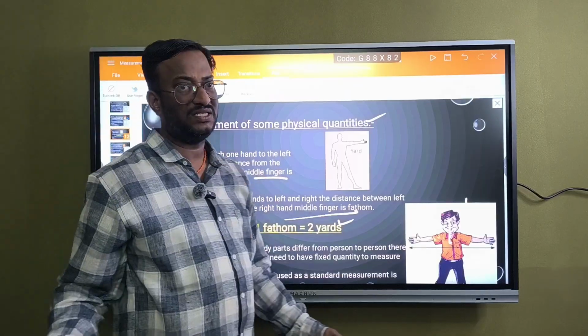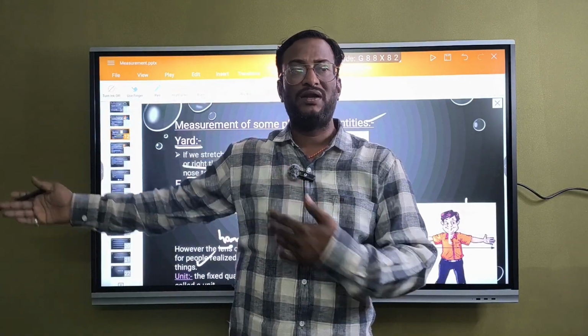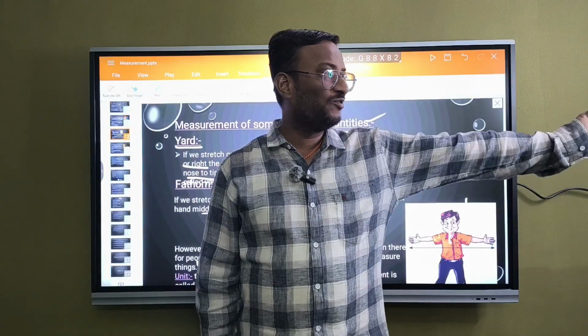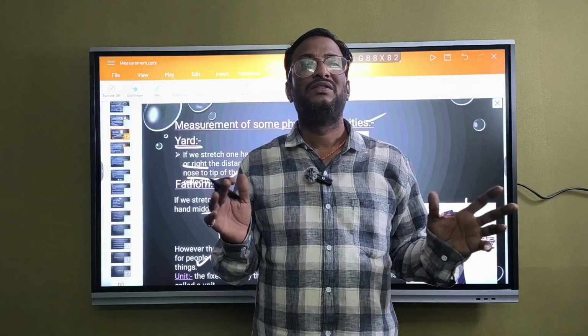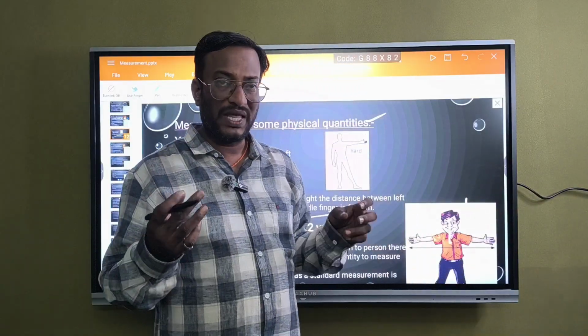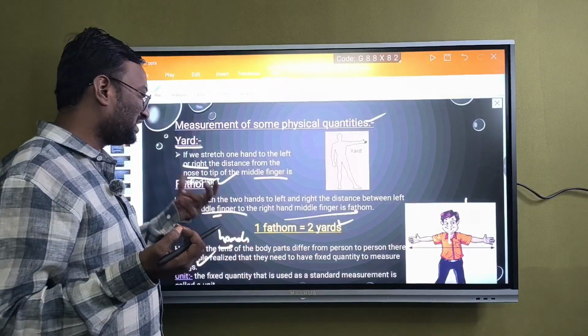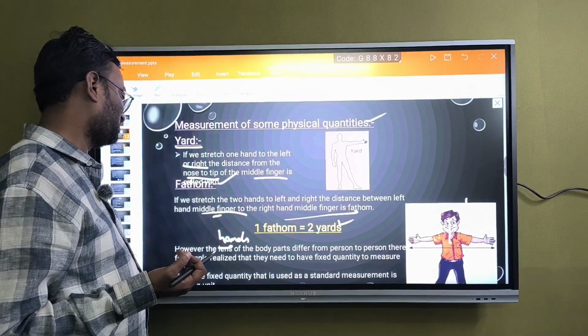If you measure like this, a small kid will have a very little hand stretch, and a huge, tall person will have a very large hand, from nose to hand. So it will differ. From there they got the idea that they should have a fixed quantity to measure things.